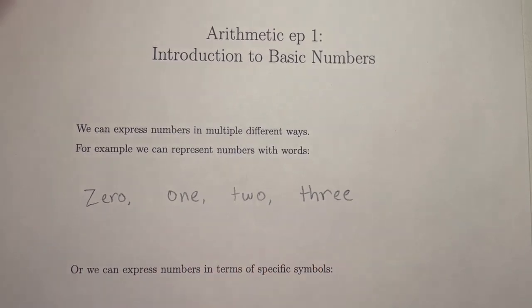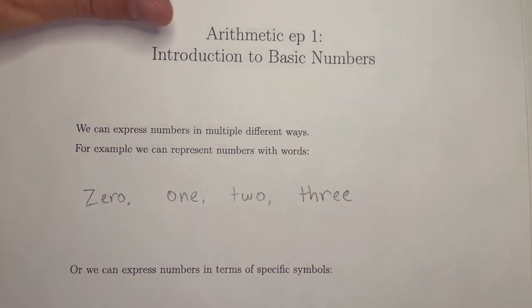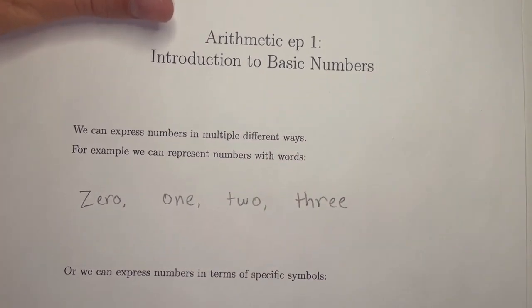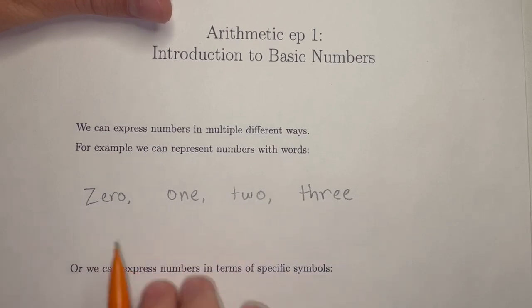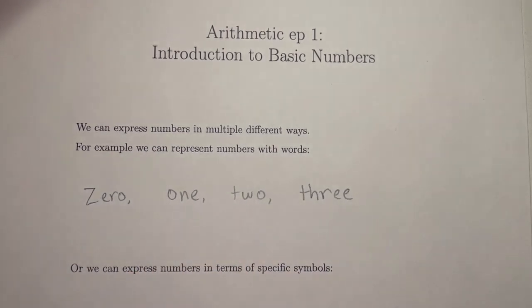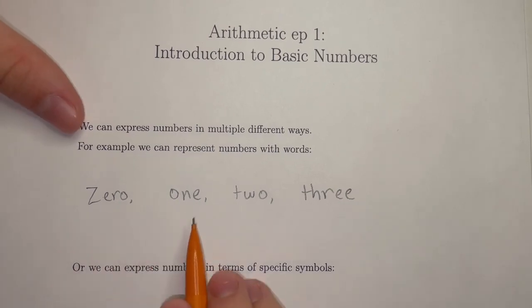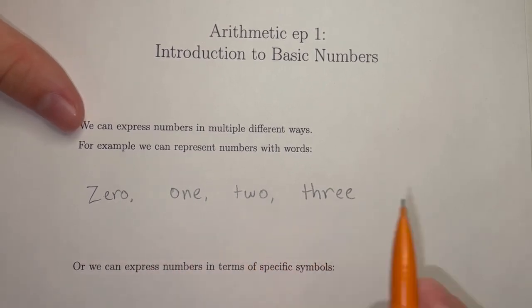There's a lot more, but these are going to be the numbers we are talking about in this episode. And so our first way of representing numbers is with words. We can write them out with letters. And again, 0, 1, 2, 3.